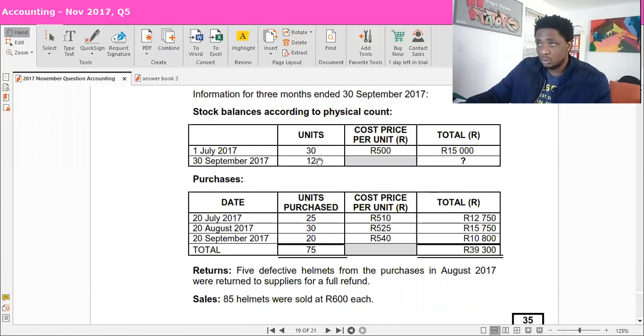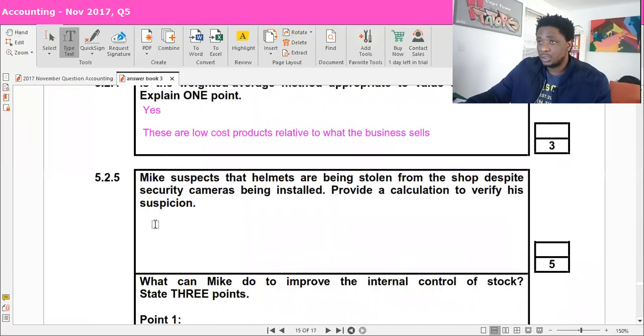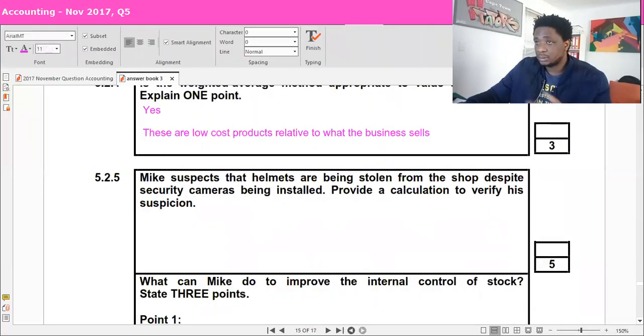And if it is equal to this one here, then there's nothing that's been stolen. So let's do this. 30 units that were there at the beginning, plus the 75 that we purchased, minus the 5 that we returned, and minus the 85 that we sold. That will give you 15. So in other words, we should have 15 units on hand.